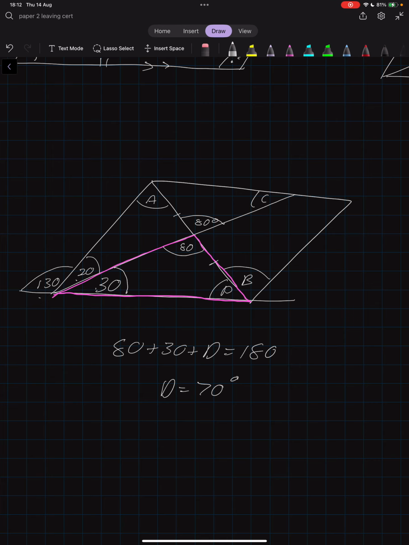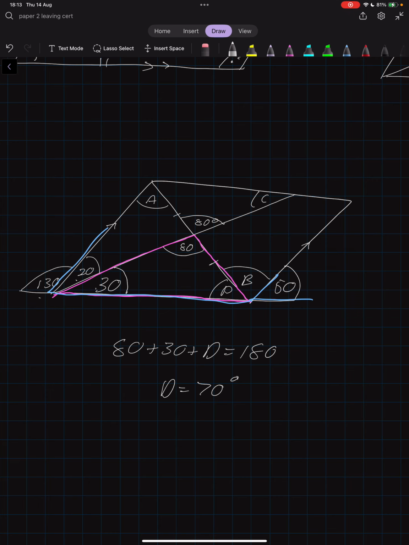Now, remember, this angle here is parallel to this. And so now we're going to use our corresponding angles. So remember your F. The F is here, which means this angle, 20 and 30, is equal to this angle here.